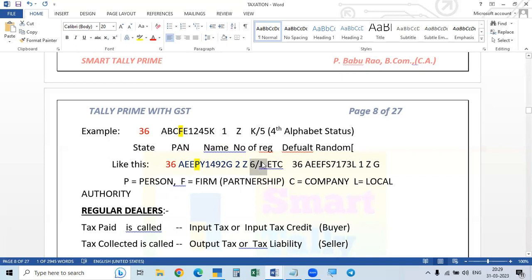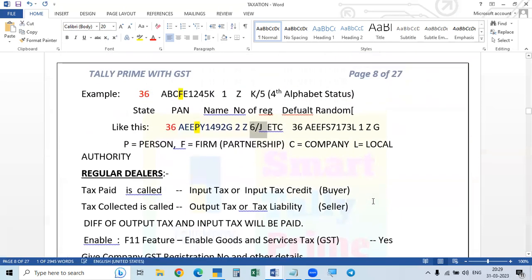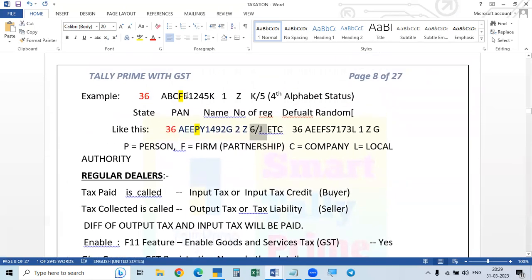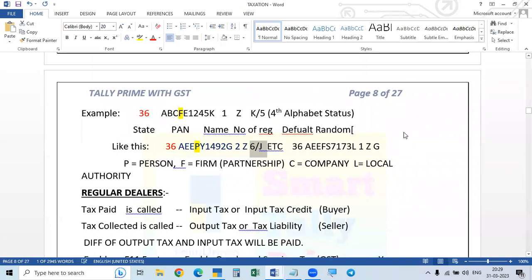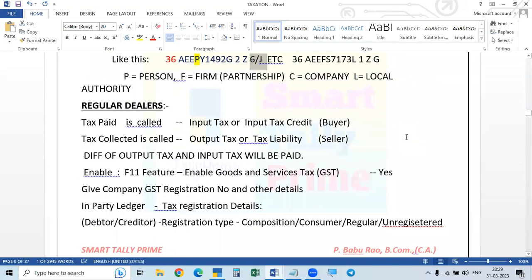If there is any error, it will find the error. So 2 plus 10, 12, 13, 14, 15, with the last being either a number or an alphabet. This is the form of the GST identification number, GSTIN.